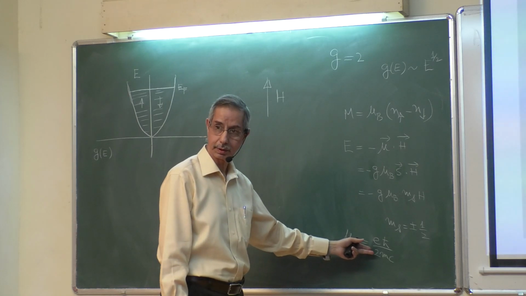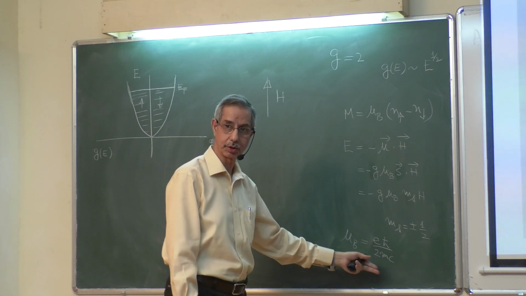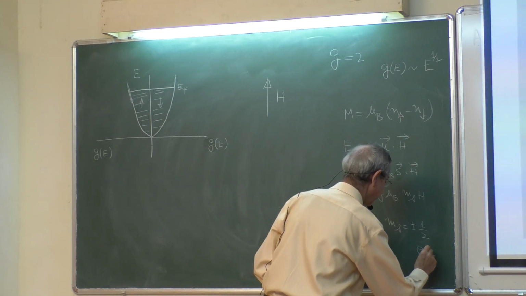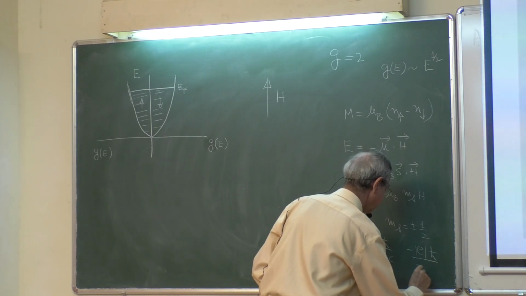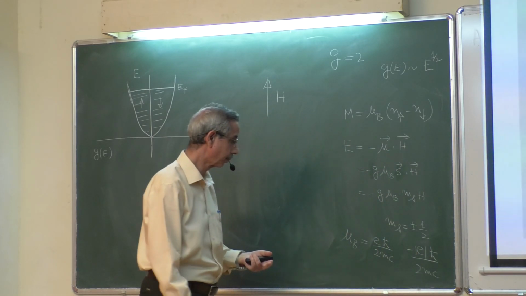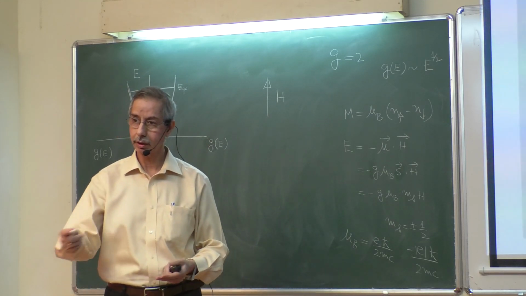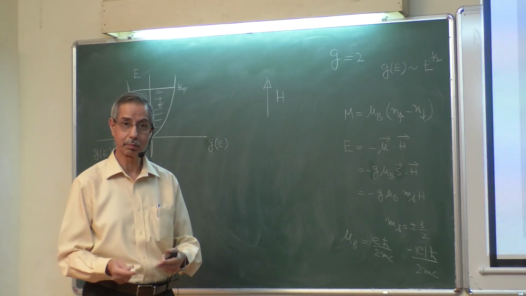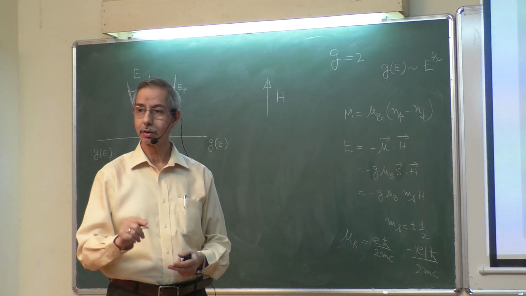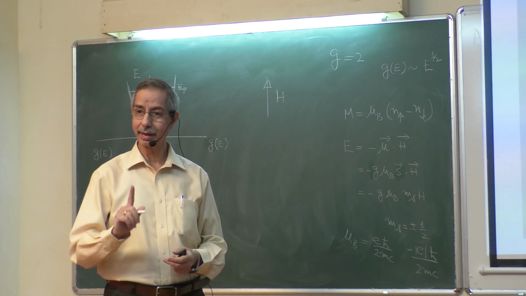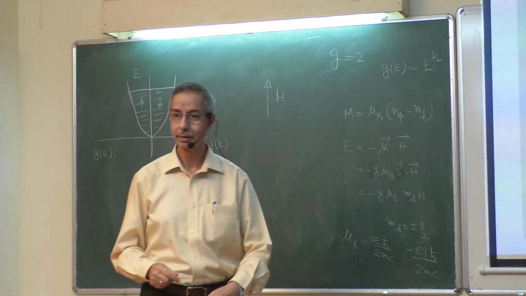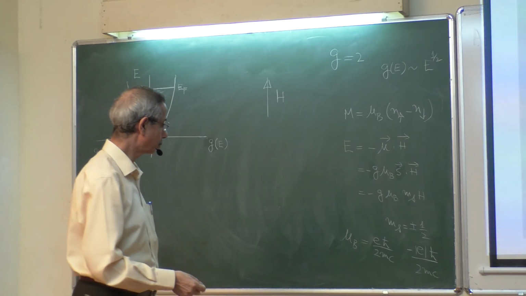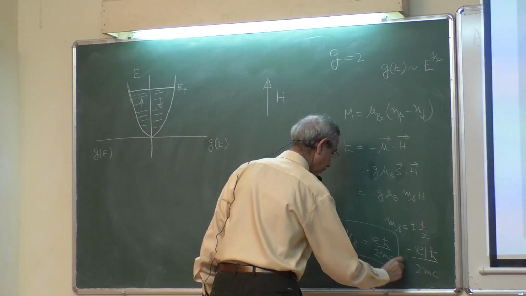If you just absorb it, then it may look like a positive quantity. Otherwise, sometimes some books define it like this, and then whatever I told you will be just opposite. The spin up electrons will have higher energy, minus sign, and the spin down will have lower energy.